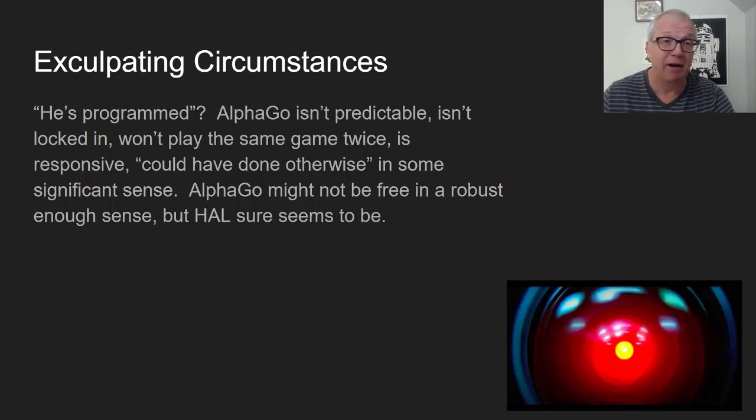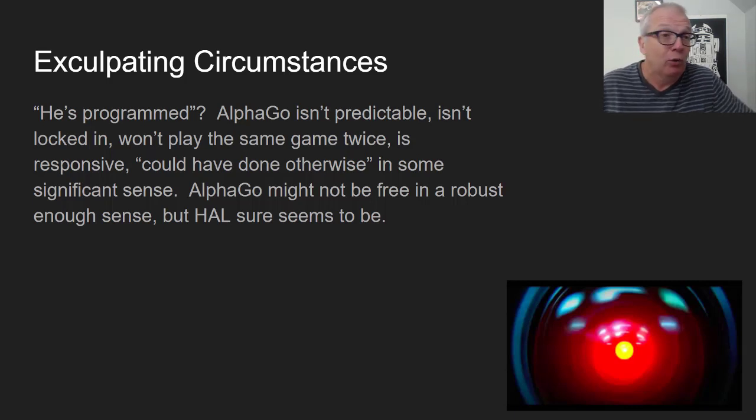We don't know what AlphaGo is going to do in any given game. Even AlphaGo's programmers, I hesitate to use that word a little bit, but the engineers who build AlphaGo, they don't know what AlphaGo is going to do when AlphaGo plays games. AlphaGo was trained, and then it's not exactly predictable what AlphaGo will do in any given game. We don't know what it'll do next.